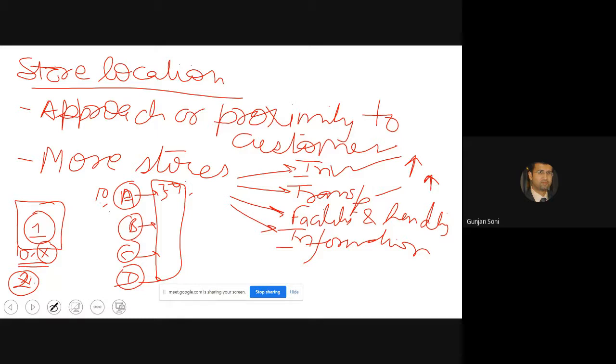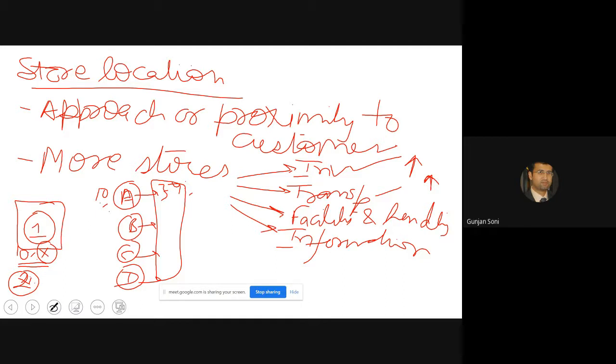And then the facilities and the handling cost. Because multiple stores are there, you'll have to keep them again on the truck and drop them back. So handling cost will definitely increase, because now you are doing more distribution, you are getting closer to the customer.